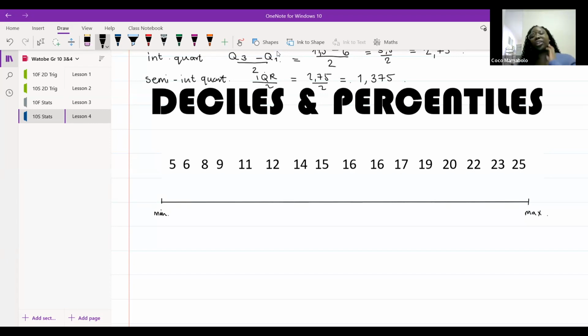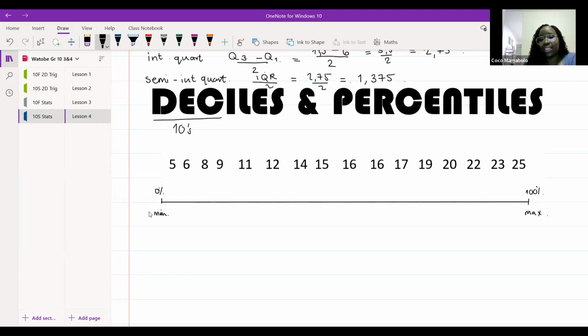So we're going to treat this number line as all the information we have from 0% all the way up to 100%, in percentiles. Now, deciles is almost like counting in tens.